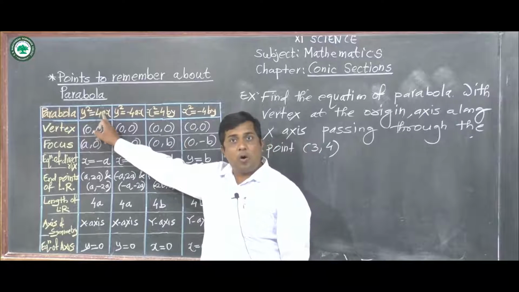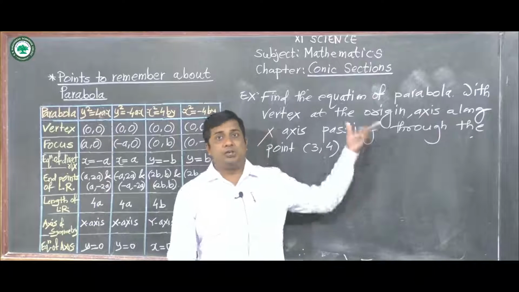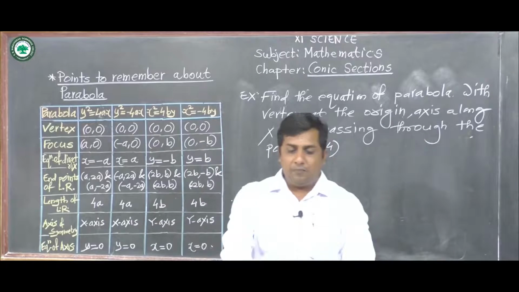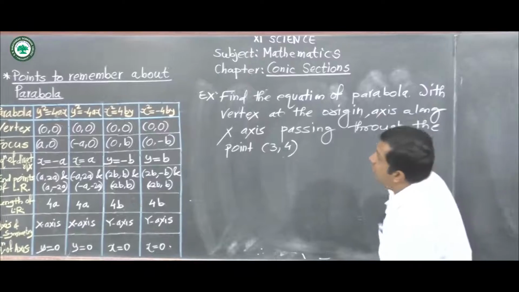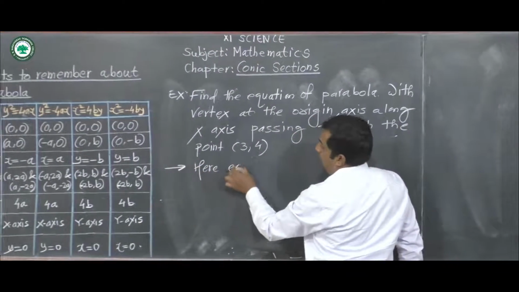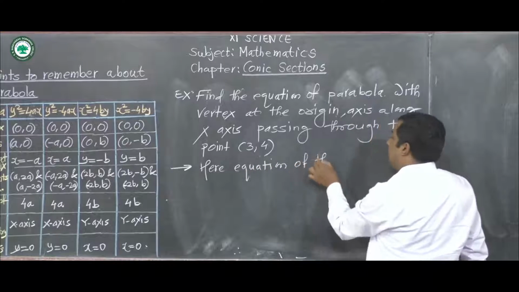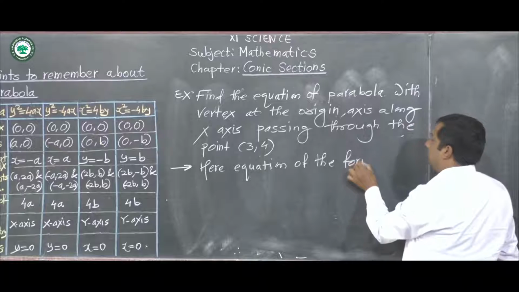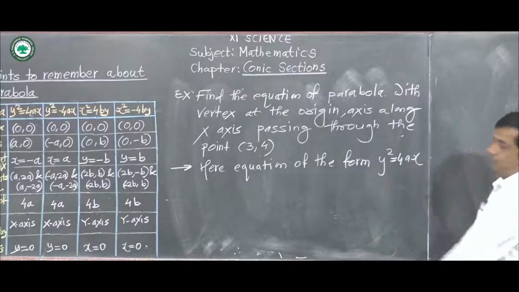This is the equation of the parabola. So we have to find this type of equation for the given by using the given condition. Okay, so here the equation is of the form y square is equal to 4ax.